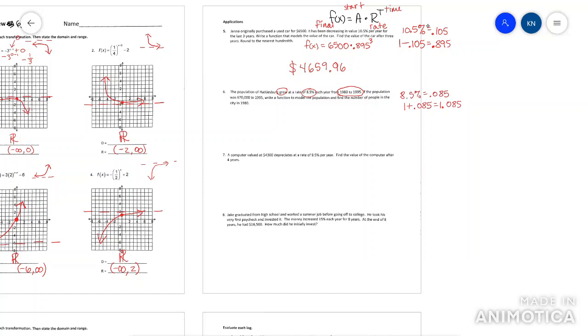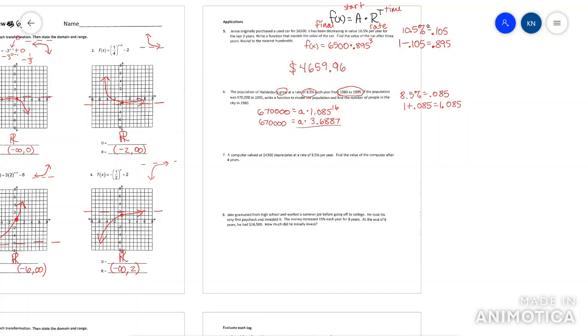So here's what your equation would look like. 670,000 equals your starting amount times your rate, 1.085, to the time of 16. So you need to go get a value for this 1.085 to the 16. It's 3.6887. You can probably round that, but the more you round it, the more your answer is going to be off.